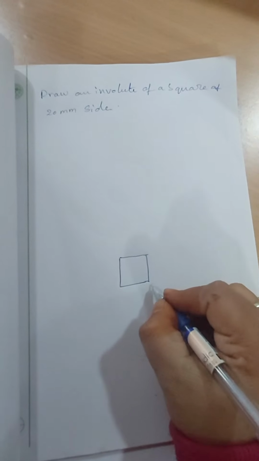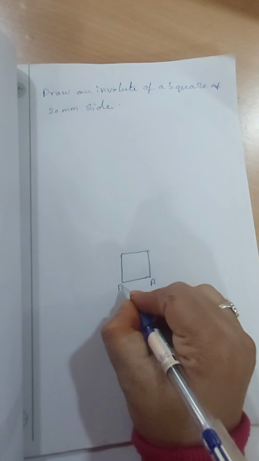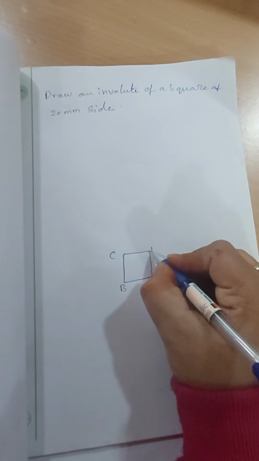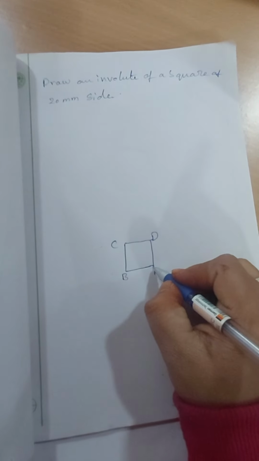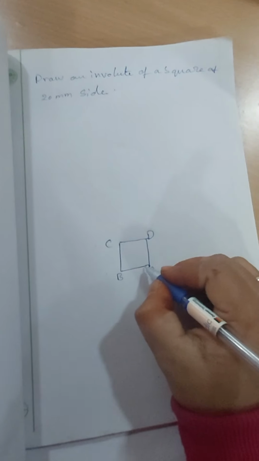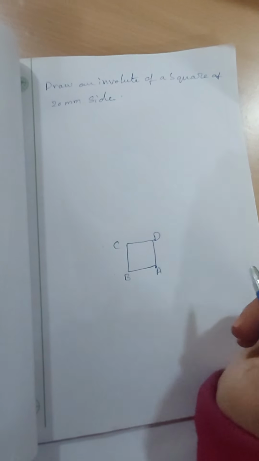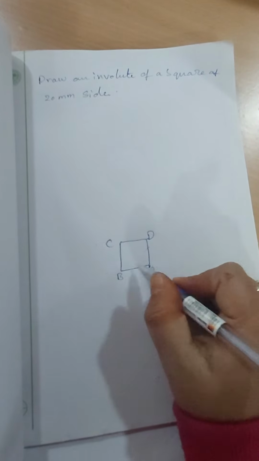After that, label A, B, C and D. Consider that A is the starting point of the involute, meaning the point P will be at A. Now extend all the sides.